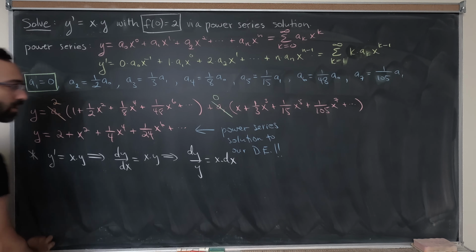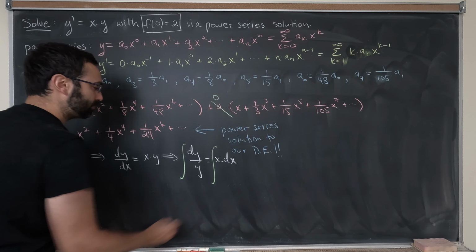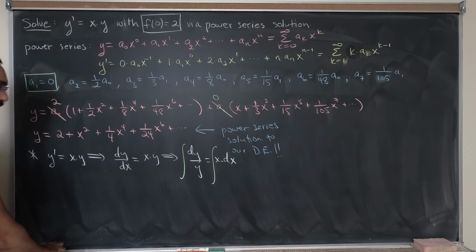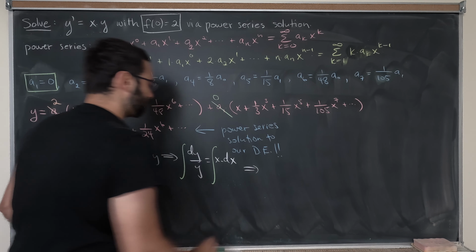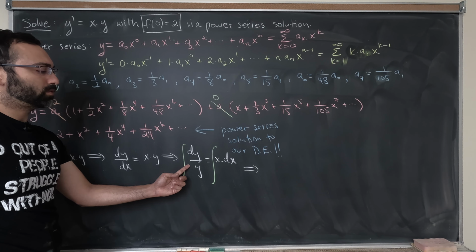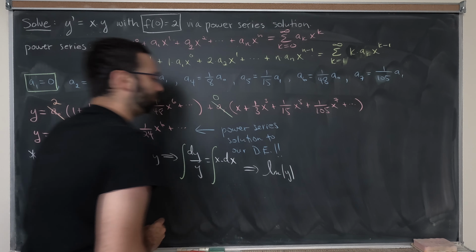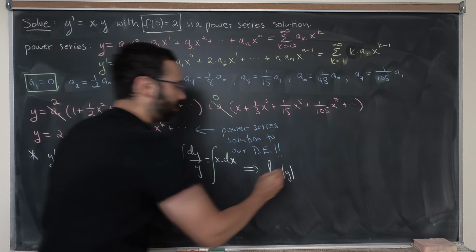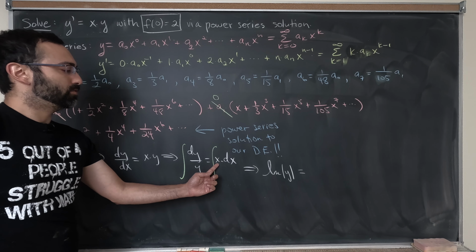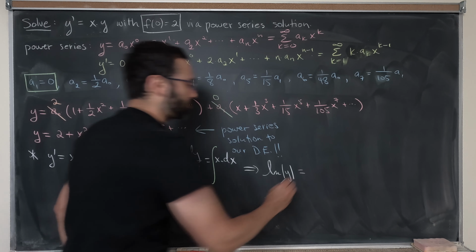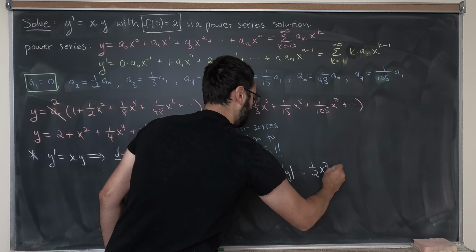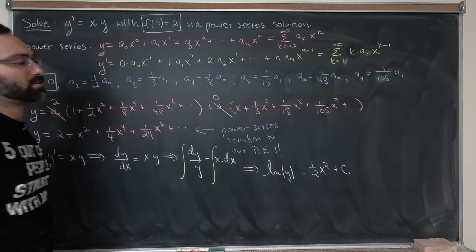Well, if we integrate both sides, we obtain the following. The integral of 1 over y dy is the ln of the absolute value of y. And on the other side, the integral of x dx is just half x squared plus a constant of integration.